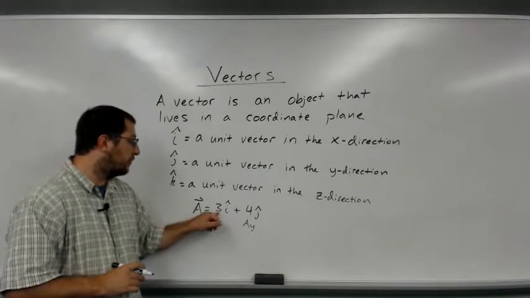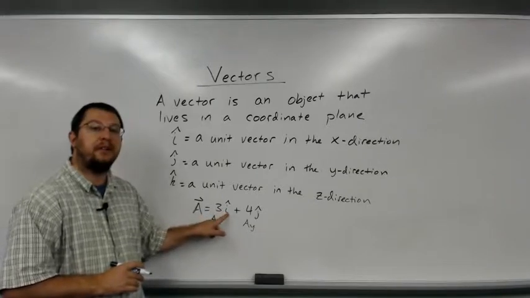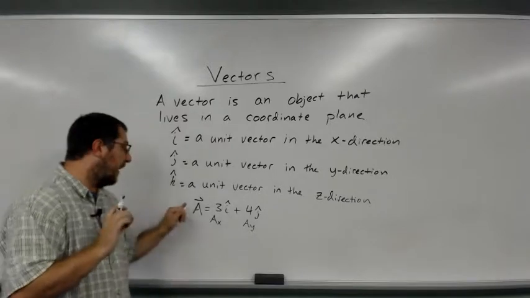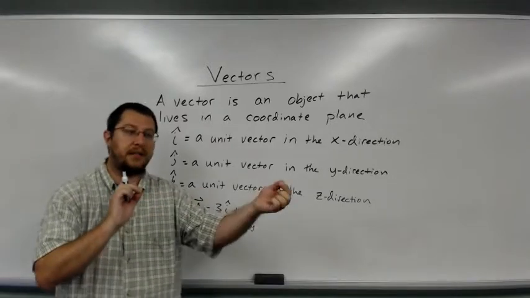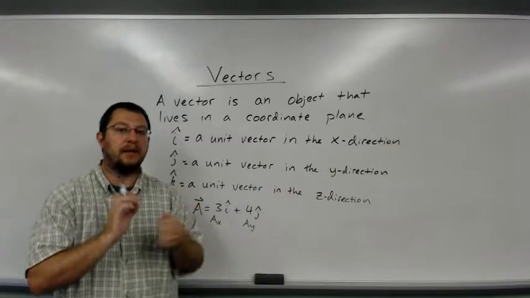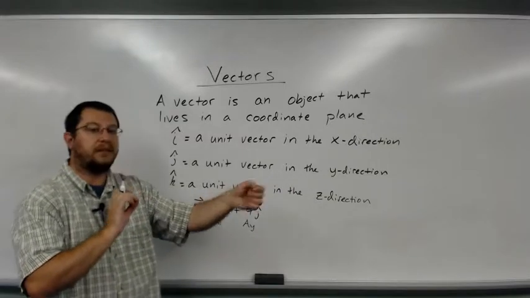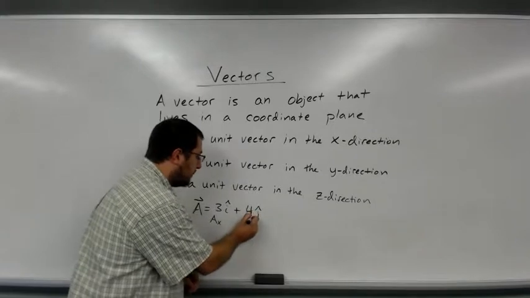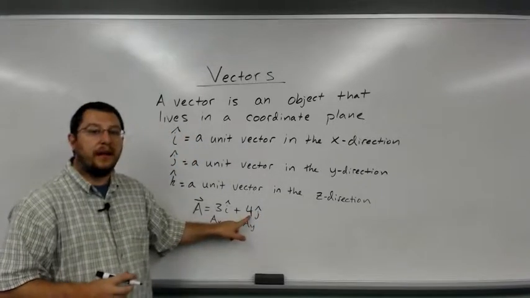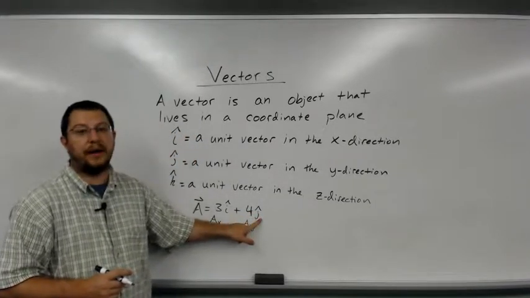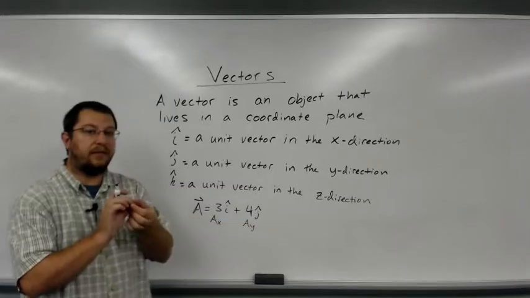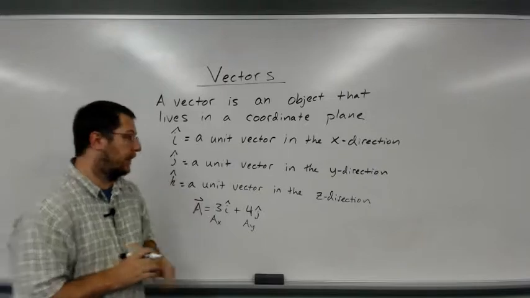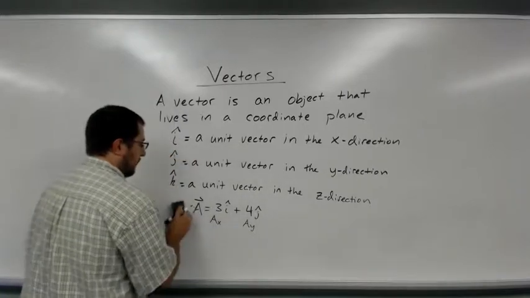So I'm going to multiply this 3 by this unit vector in the x direction, and that's going to tell me to stretch my vector A 3 units in the x direction. Likewise, similarly, this is going to say take 4 units and stretch that in the y direction. Okay? So I'm going to have 3 in the x direction and then 4 in the y direction.